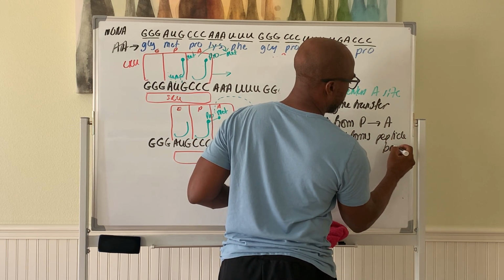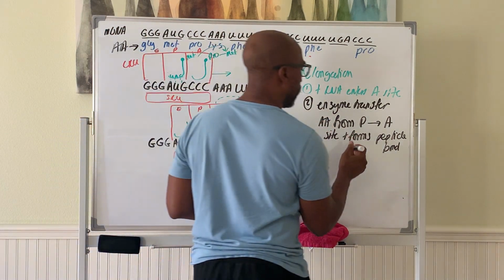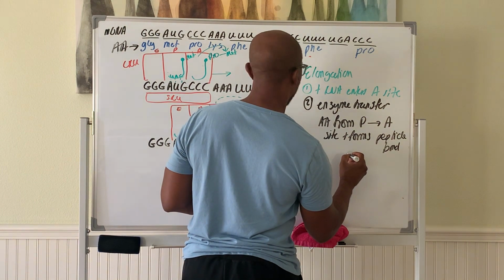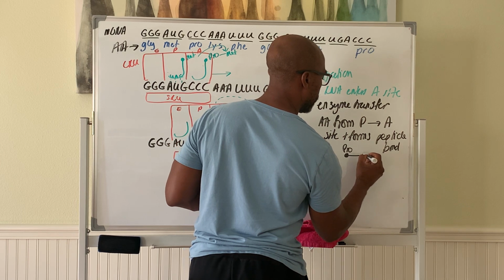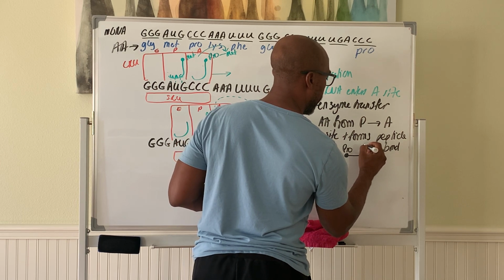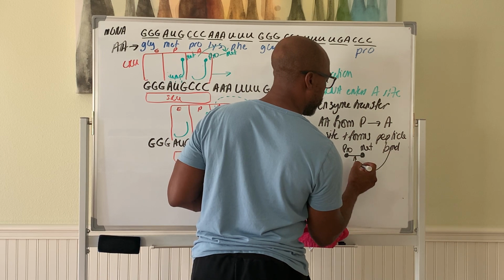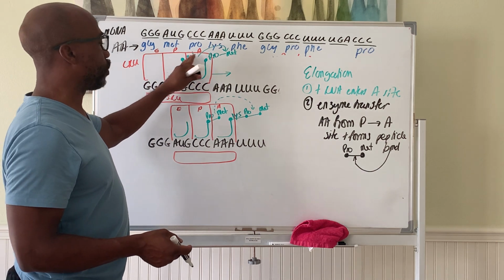Of course, this is believed to be a major role of rRNA, okay, to form this peptide bond. So you're going to have, for example, here you have your protein bonded to methionine. This is your peptide bond that was just formed, okay, by transferring it from P to A.